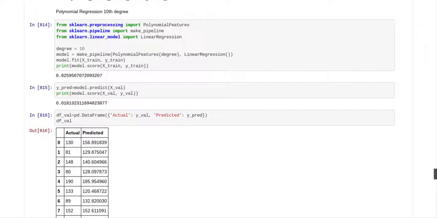On the X train, Y train, you get 82.6% accuracy, but on the X val, Y val, you only got about 2% accuracy. So although the X train, Y train gave a really high accuracy because it was training on it, you didn't get a high accuracy on the X val, Y val.